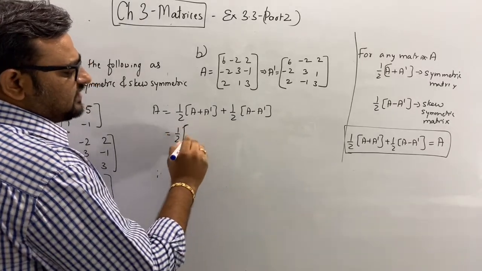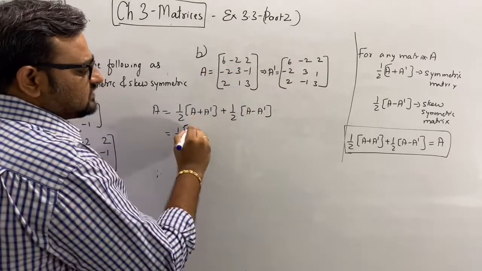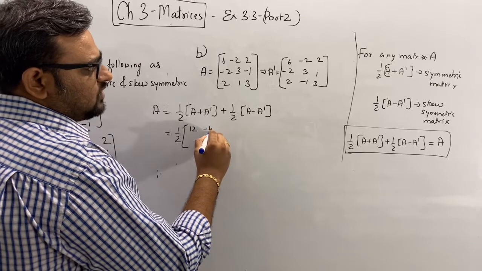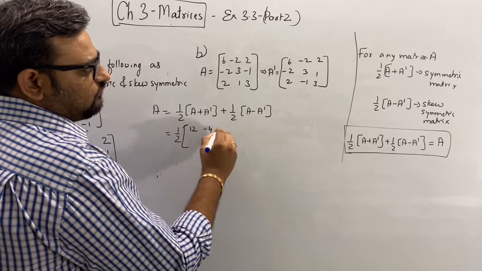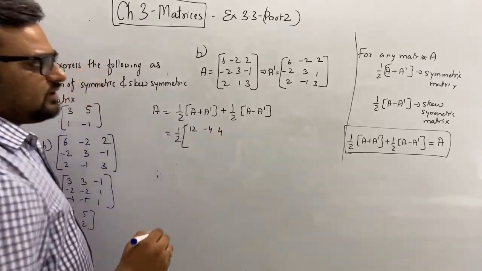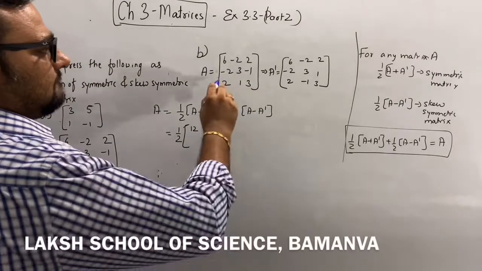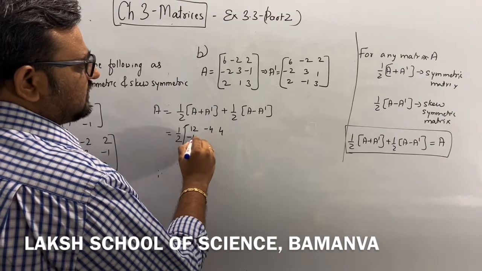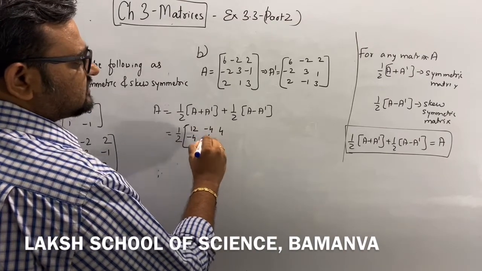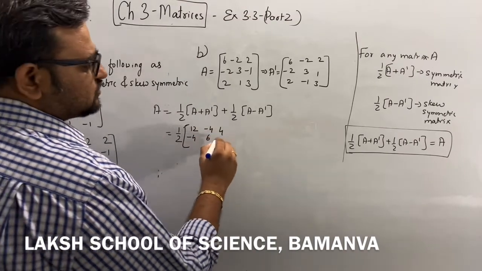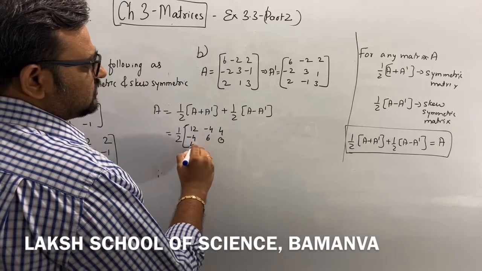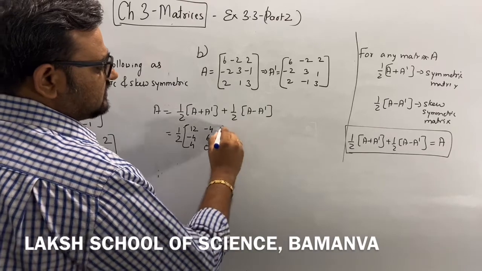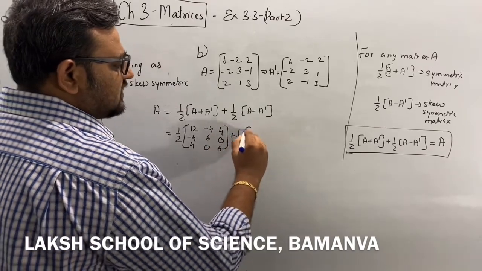What is A plus A transpose? 6 plus 6, 12. Minus 2 plus minus 2, minus 4. 2 plus 2, 4. Then minus 2 plus minus 2, minus 4. 3 plus 3, 6. Minus 1 plus 1, 0. 2 plus 2, 4. 1 minus 1, 0. 3 plus 3, 6. Plus half.